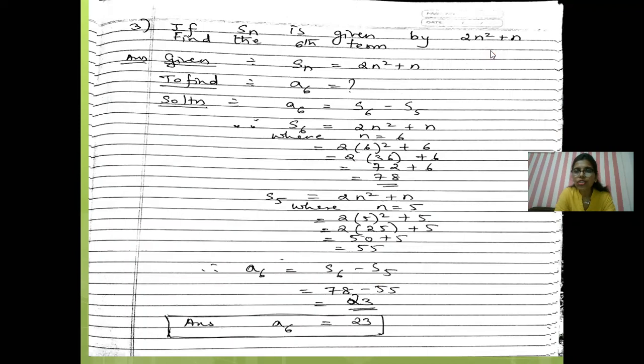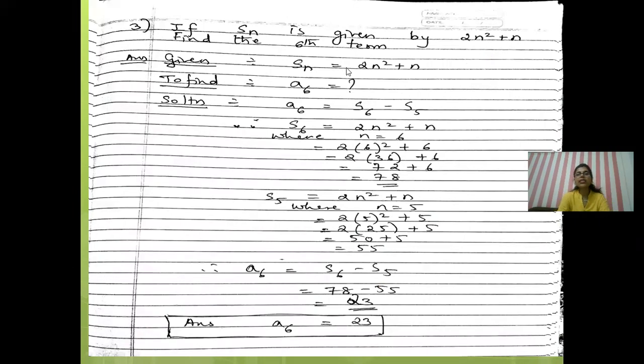In the next question, it's given that Sn is given by 2n square plus n, find the sixth term. So again, Sn is given in the form of an equation and you have to find the sixth term. So in this case, you write Sn is equal to 2n square plus n and you have to find the sixth term.